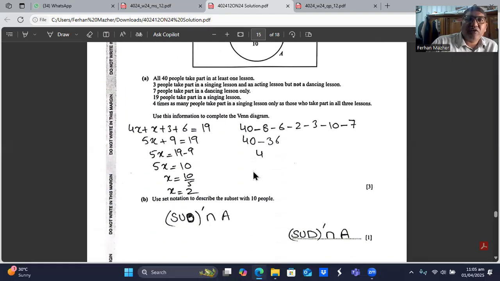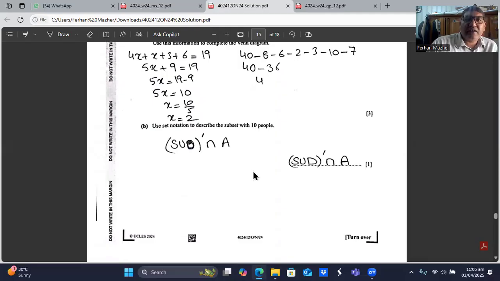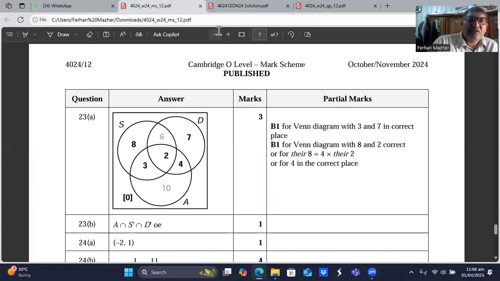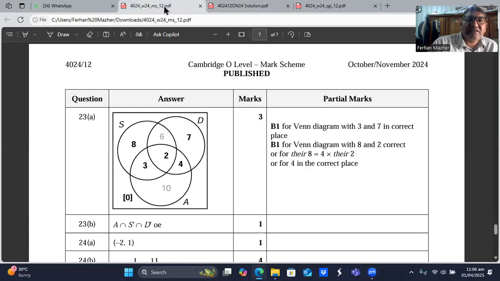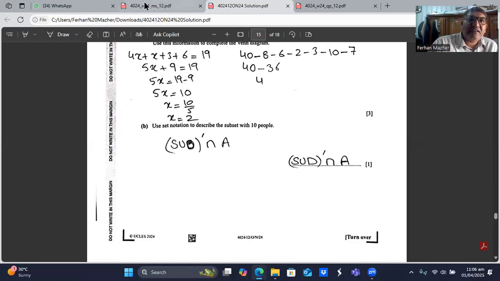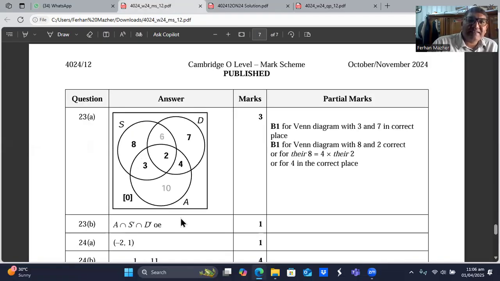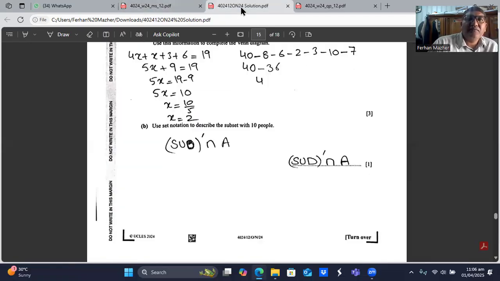So you have to remain outside the S and D, and so that is S union D whole complement and then intersection A. The answer which is written here, according to De Morgan's law, S union D whole complement can be written as S complement intersection D complement and then intersection A. This answer and this answer are exactly the same, okay?